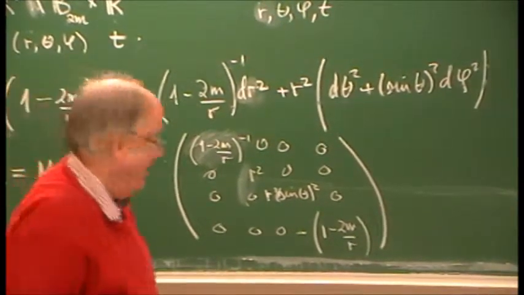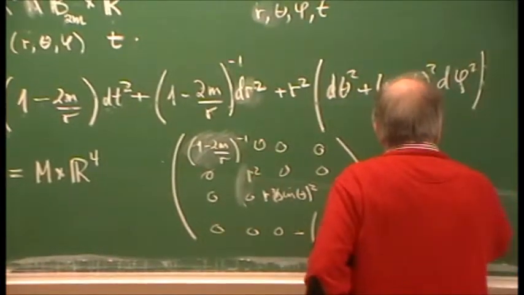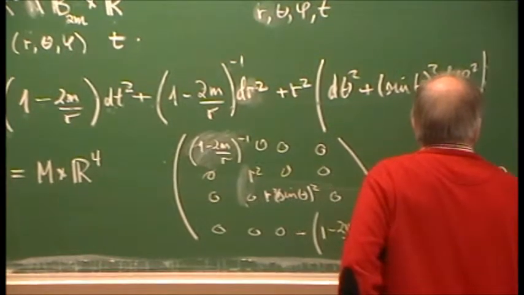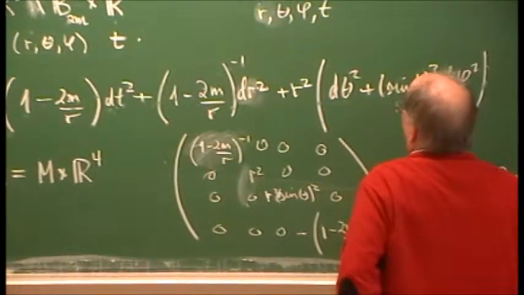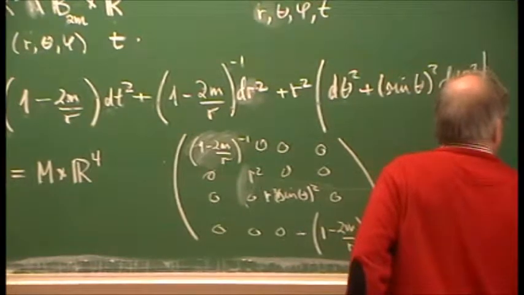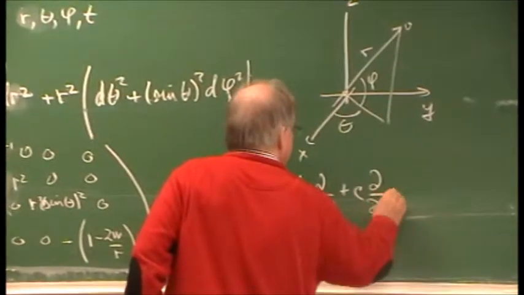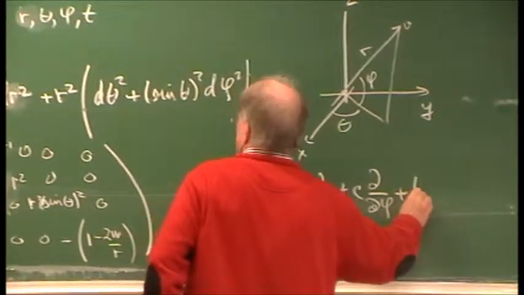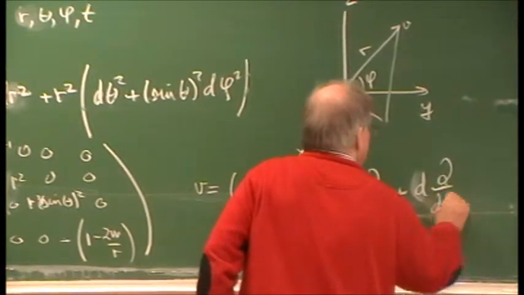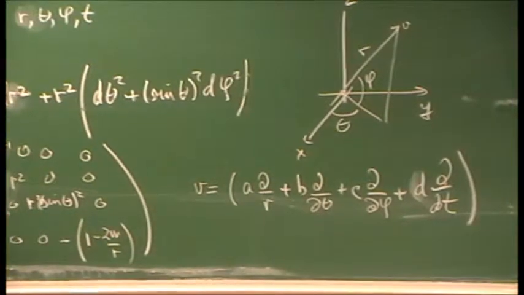I hope, now that I've written this matrix for you, if I give you a vector a dr plus b d theta plus c d phi plus d dt, I hope you can compute the length of that vector, can you?